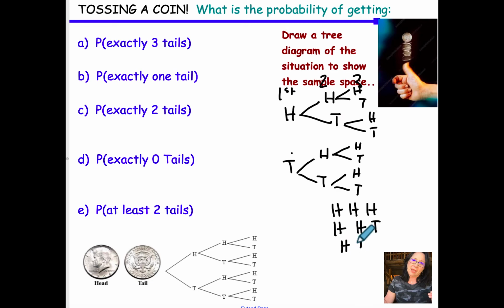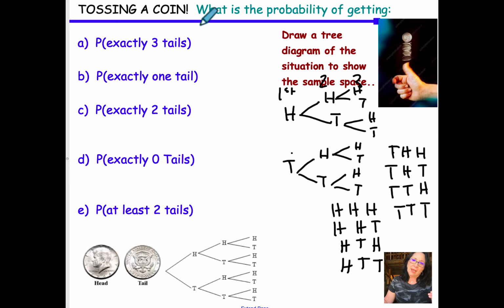So you want to label all of these options that you have. Heads, tails, tails. And then on this part here, I've got tails, heads, heads. I've got tails, heads, tails. I've got tails, tails, heads, and then lastly I have tails, tails, tails.